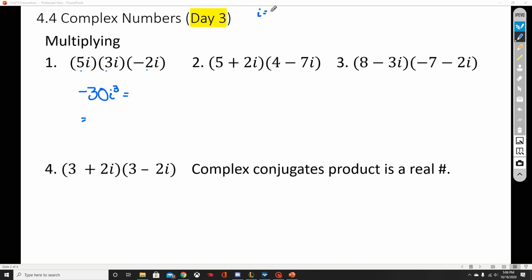So i is just i, of course. i squared is negative 1. i cubed is negative i. And then i to the 4th ends the cycle and it becomes 1. And then going back to i would start the cycle over again. So i cubed is negative i. So that negative, it's already negative, it becomes 30i.